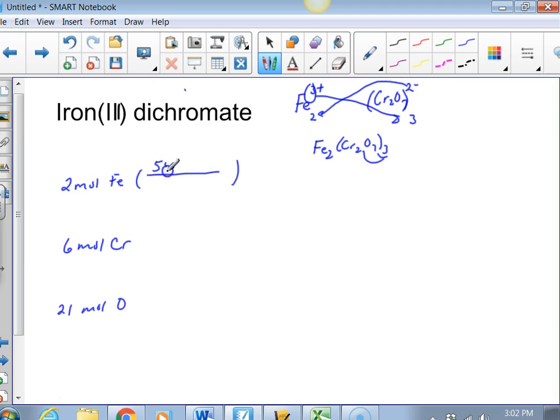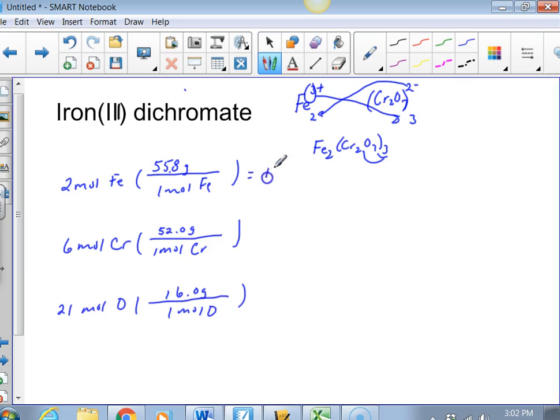It's 55.8 grams for every 1 mole of iron. There's 52 grams for every 1 mole of chromium. And then, as always, there's 16 grams for every 1 mole of oxygen.